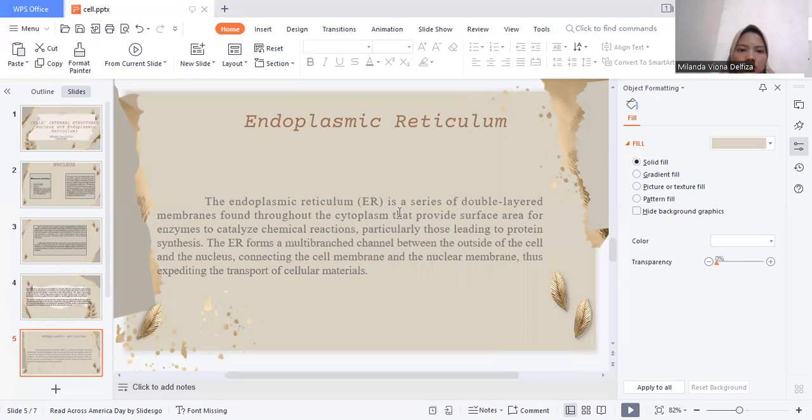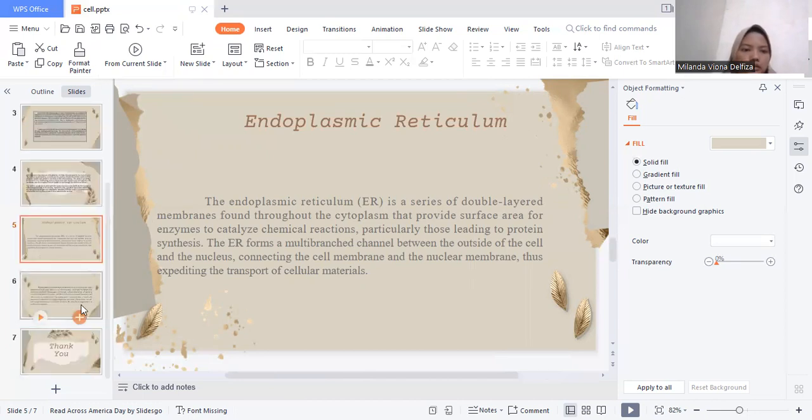The endoplasmic reticulum forms a multi-branched channel between the outside of the cell and the nucleus, connecting the cell membrane and the nuclear membrane, thus expediting the transport of cellular material.